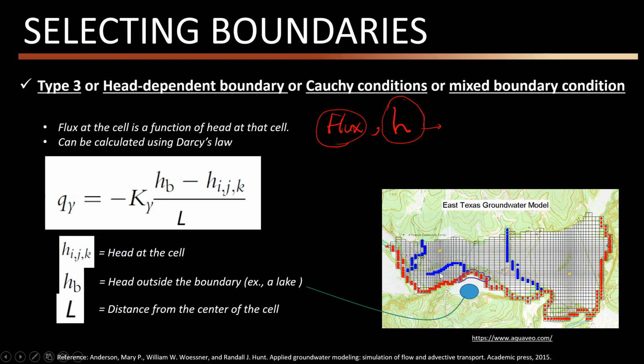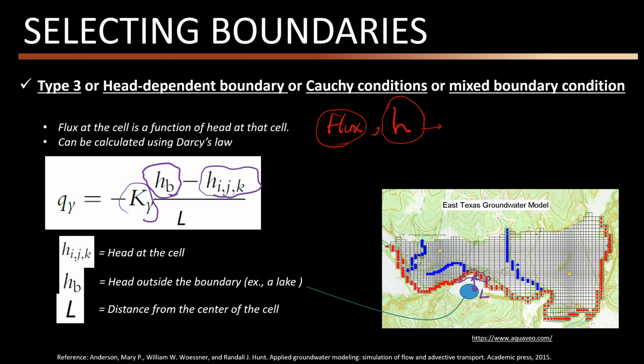I know how the head in those cells changes, and based on the information that I have about the stage of the lake, and this length, and the hydraulic conductivity of this space, I can find how this lake contributes to my system.